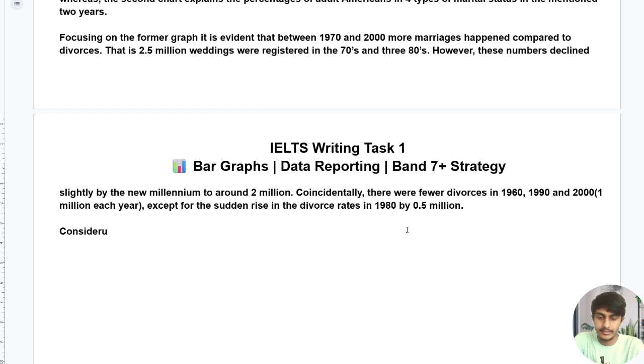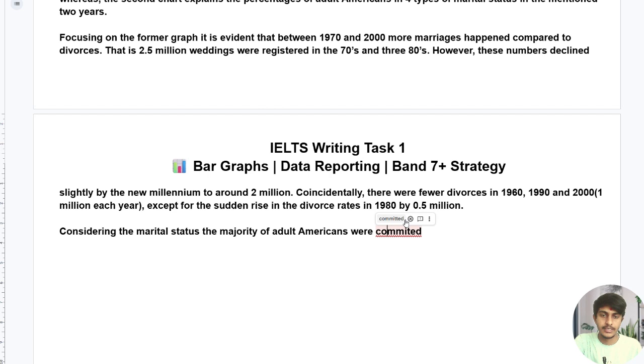Considering the marital status, the majority of adult Americans were married, supposedly 70% compared to those in 2000, like 60%.